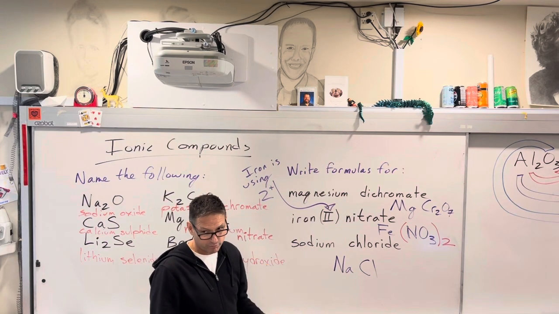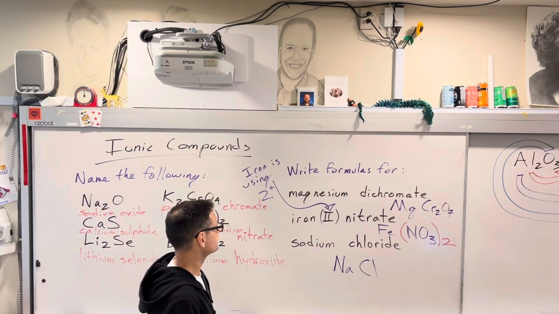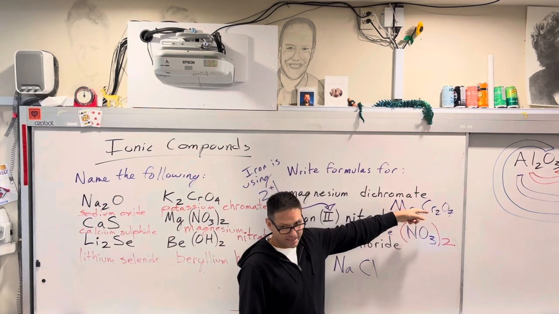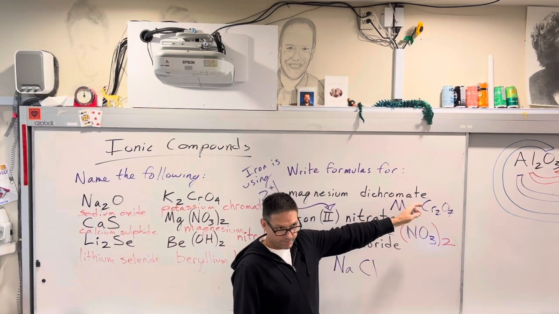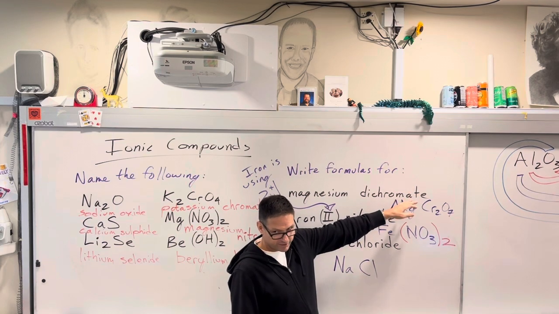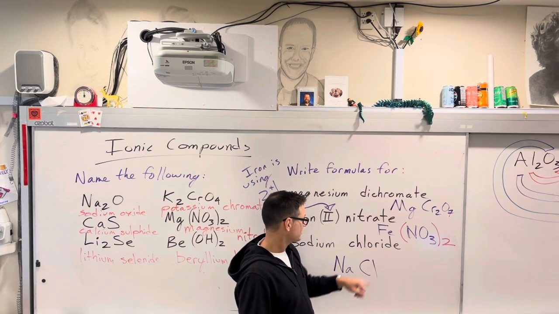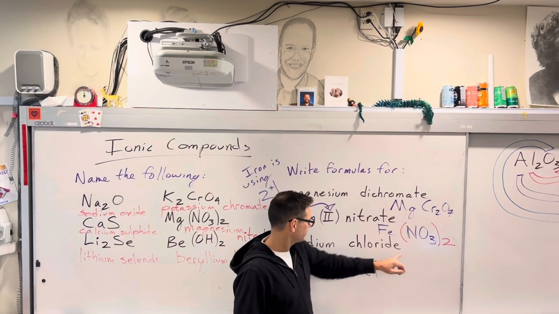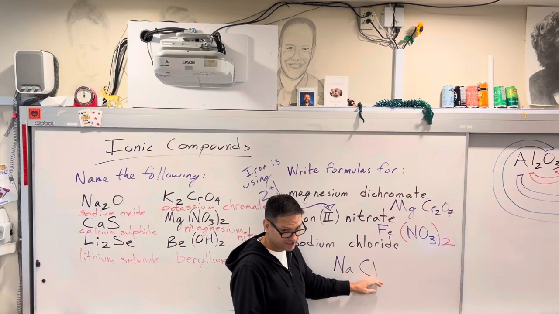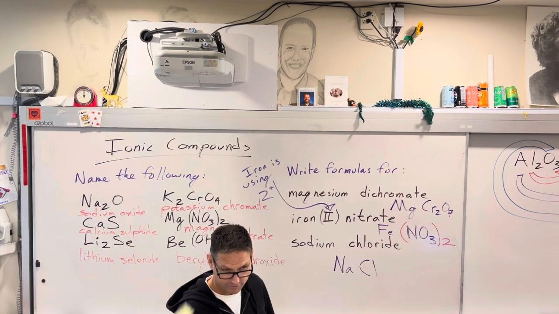Okay, if I give you the names and you have to write formulas, it's a little more complicated because we got to do some numbers and a little bit of simple math. But it's not too bad. So magnesium dichromate, if it doesn't end in IDE, if it's cyanide, it's polyatomic, or if it's hydroxide, it's polyatomic. But those are the only 2 exceptions. So if it ends in IDE, it's a regular element. If it does not end in IDE, it has to be a polyatomic, so it's on the back.